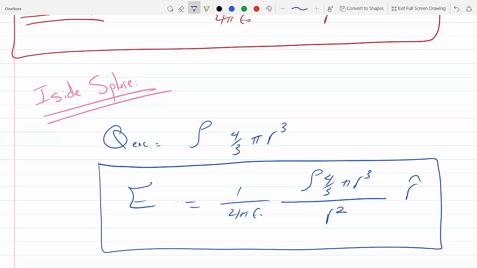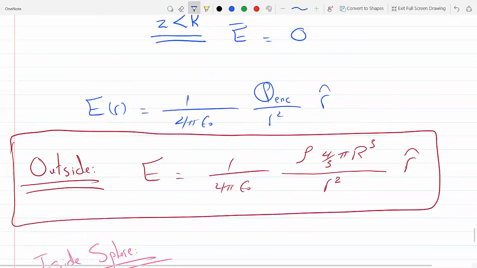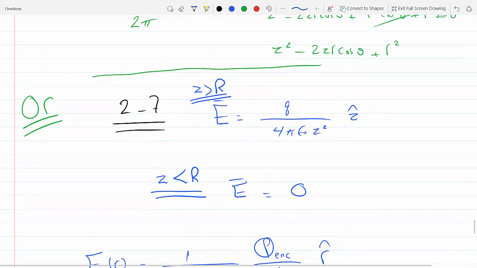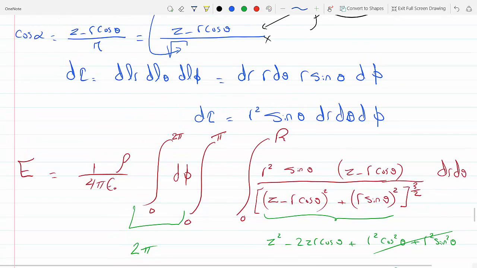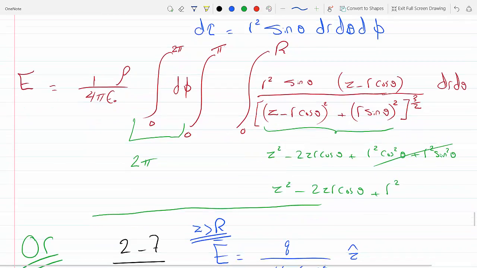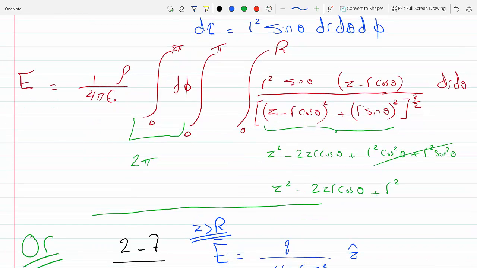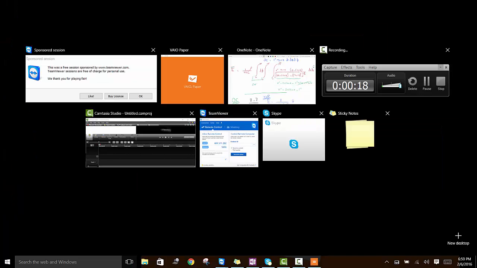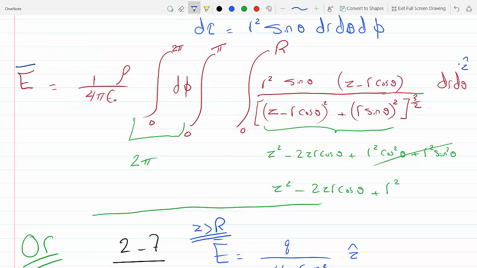So this is sort of a shortcut if you use problem 2.7. But you can always work the problem out from scratch and just carry out this integral. It will be somewhat of a pain, but nonetheless, it's doable. And we said that this was in the z direction here.